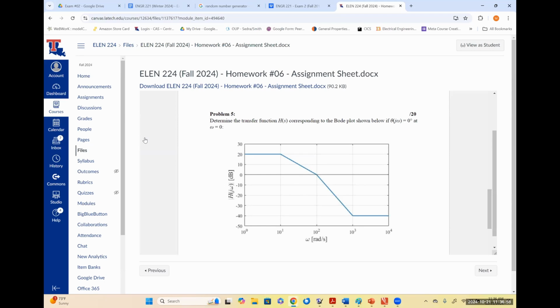And then you also will have a third design project having to do with either Butterworth or Chebyshev filters. I don't remember which, and we'll talk about both once we wrap up resonant circuits.